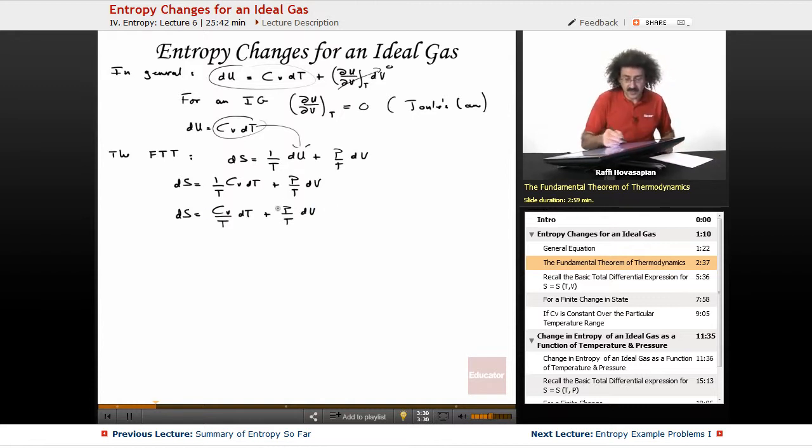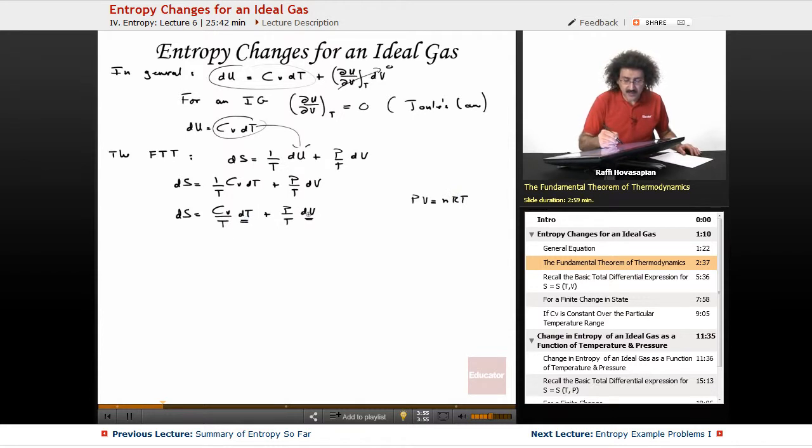Now, this particular differential looks familiar. It doesn't look altogether that different from what we just did with the other equations. It's the same equation. Notice this is a function of temperature and volume, but notice we have pressure here. Well, the ideal gas law, again, we're dealing with an ideal gas, so it makes things simpler. We have a relationship between pressure, volume, and temperature.